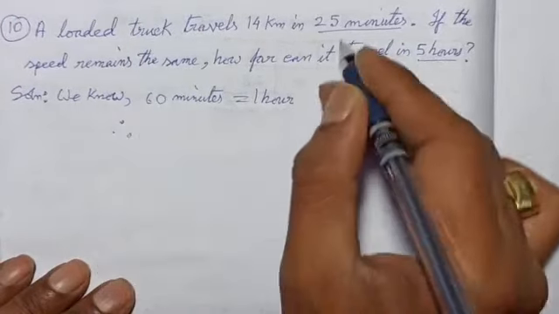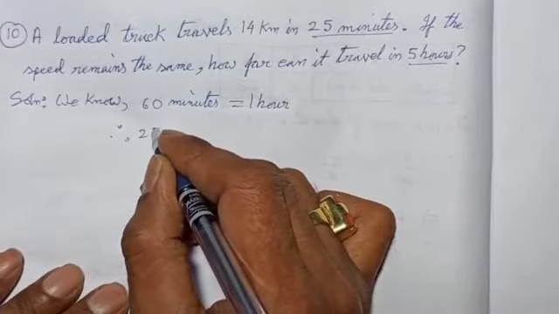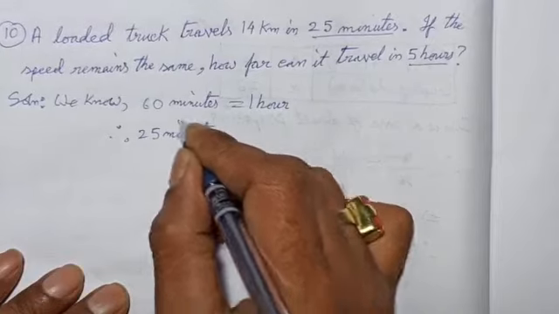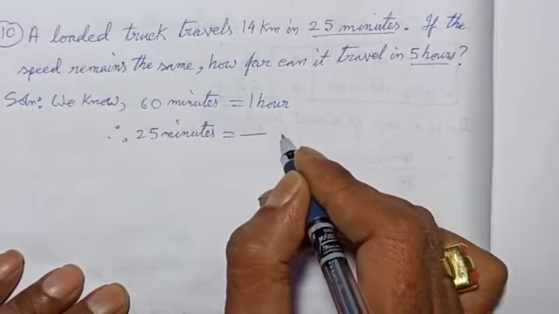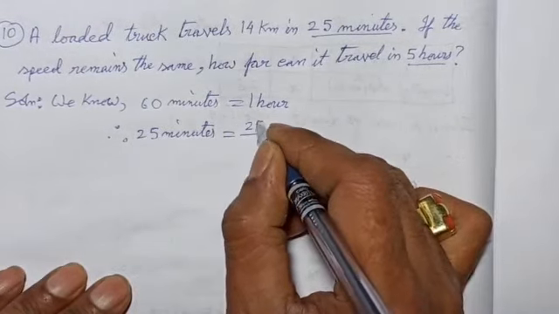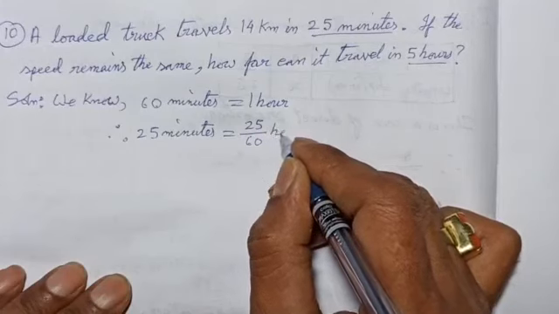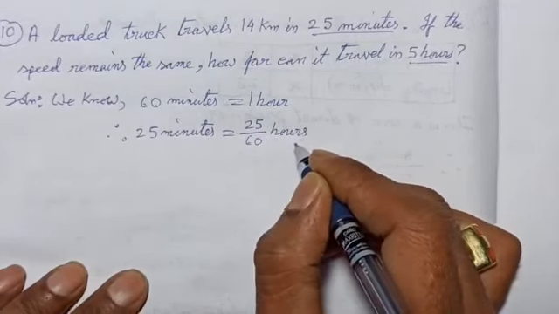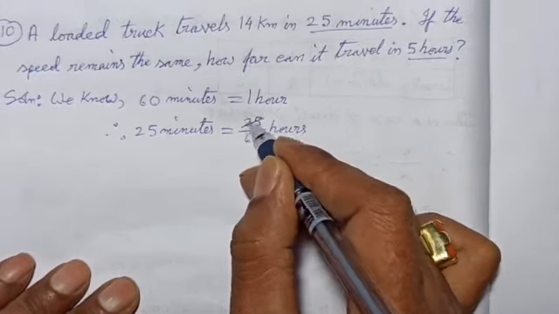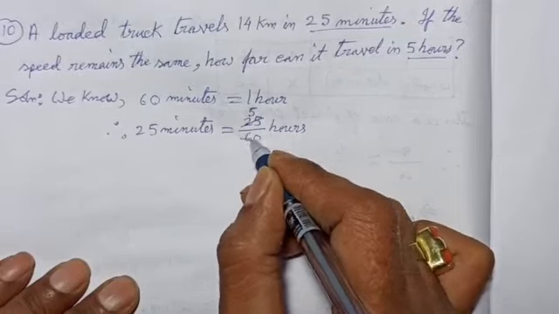Therefore, now 25 minutes, let's convert into hour. 25 minutes is equal to 25 by 60 hours. Let's divide by 5. 5 5s are 25. 60 divided by 5 is 12.